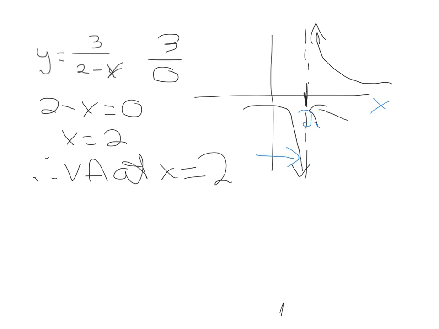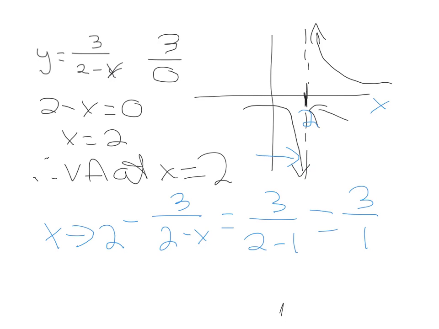And so what we do is we say that as x approaches 2 from the left, that's what the negative is, of this function. So we're looking for the limit as x approaches 2 from the left of 3 over 2 minus x equals, and we're going to put a number like 1.9 in there, or 1 or something like that. Let's just choose 1 because we would go through 1 before we got to 2.